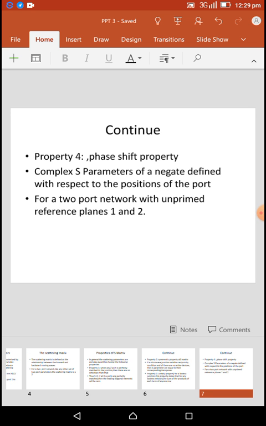Next, property 4, which is also the phase shift property, which means that the phase of the property is going to change. Complex S parameters of a network are defined with respect to the positions of the ports, or sometimes you need to call the positions of the ports reference planes.